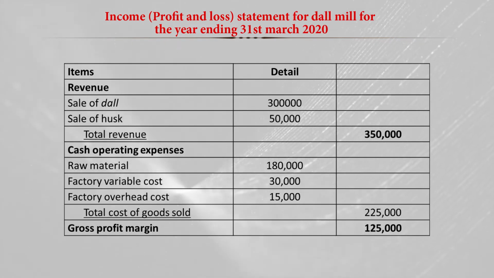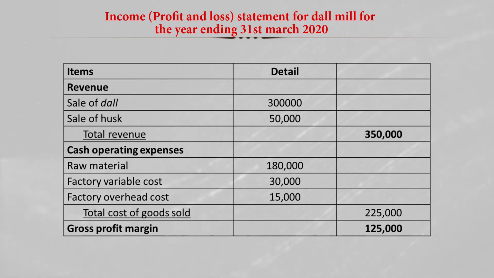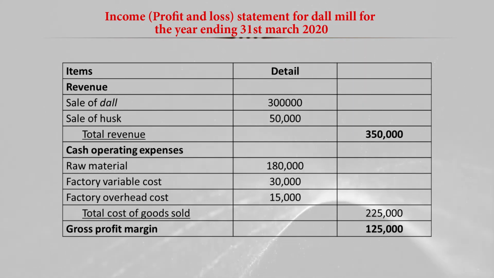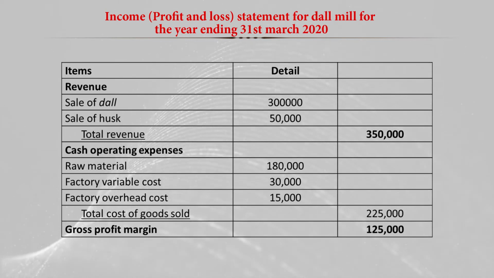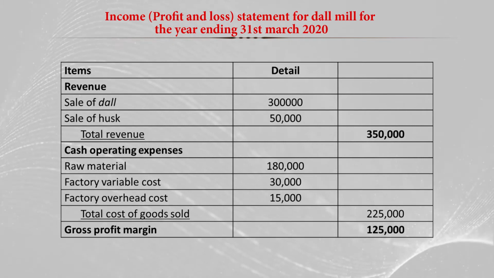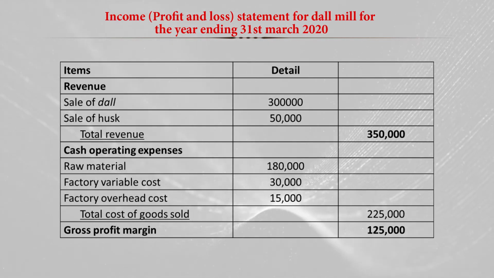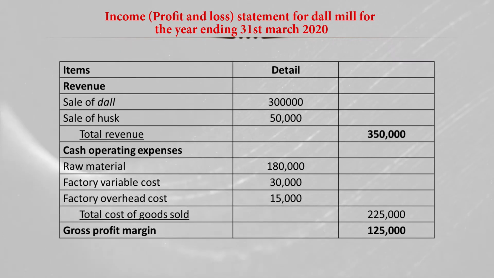So the variable cost is around 30,000, and factory overhead cost, like depreciation, is around 15,000. So here the total cost of goods sold becomes 2,25,000. 1,80,000 plus 30,000 plus 15,000 comes to 2,25,000.